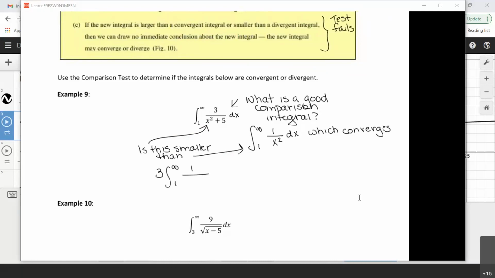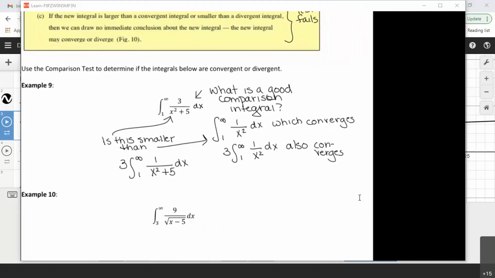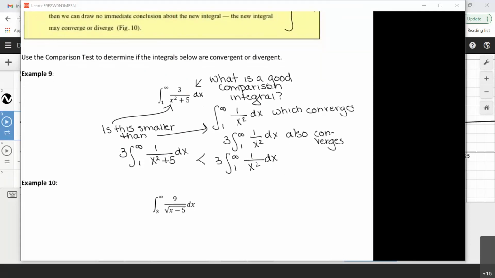And then I have 1 over x squared plus 5 dx. Okay, I know this converges, so I know that this also converges. Right? Because if this gives me a finite number, this is just 3 times whatever that number is. Okay, and now I can say this is less than that. I can say it's smaller.